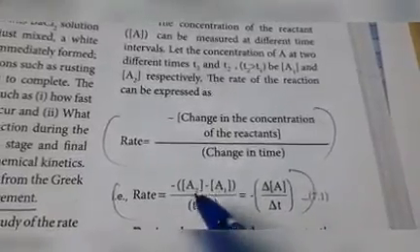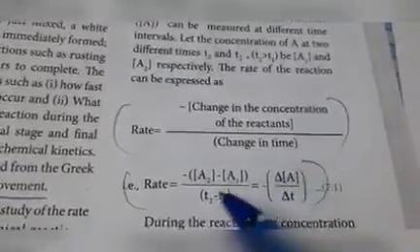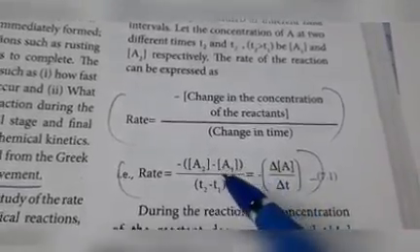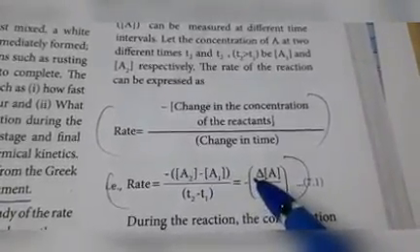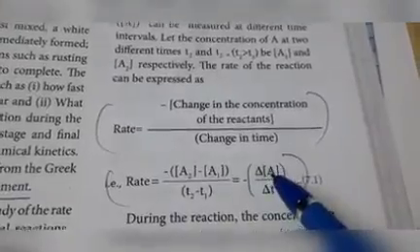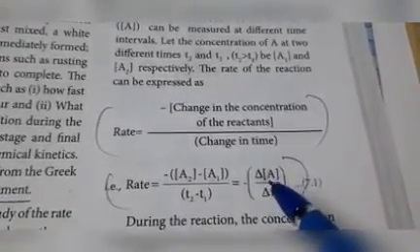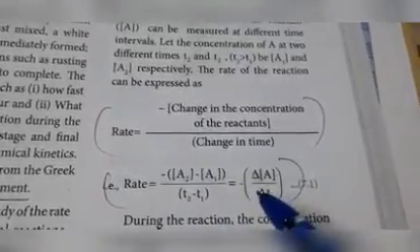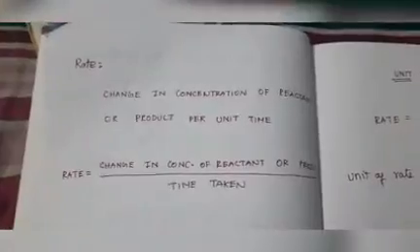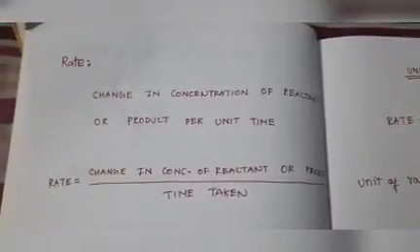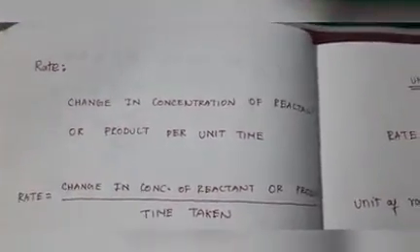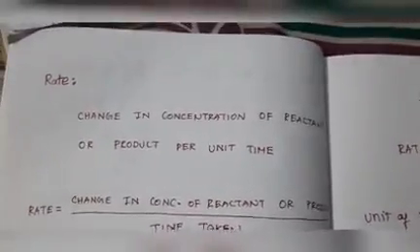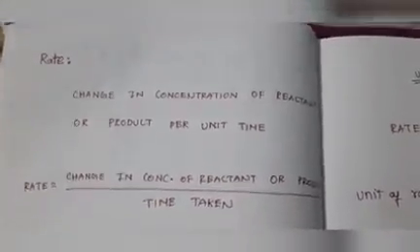So this can be written like this: minus, the same minus given here, delta means difference in concentration of A. So del A divided by del T. Del means difference, so del T. So rate of reaction means change in concentration of reactant or product per unit time.